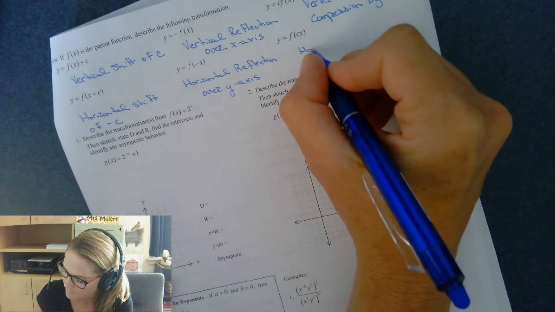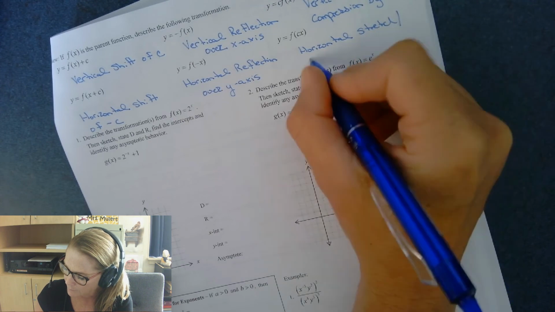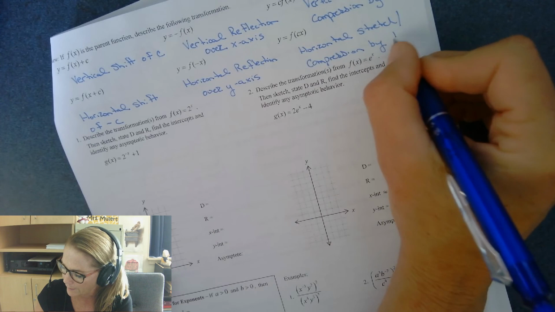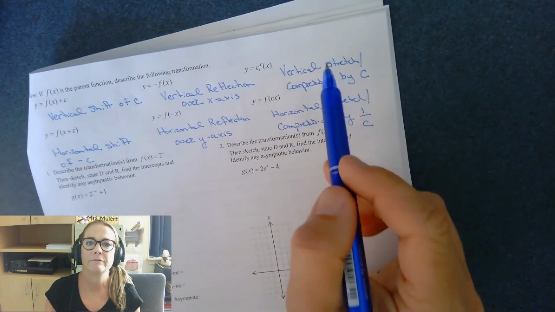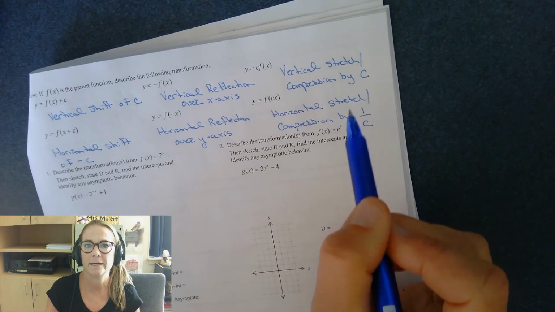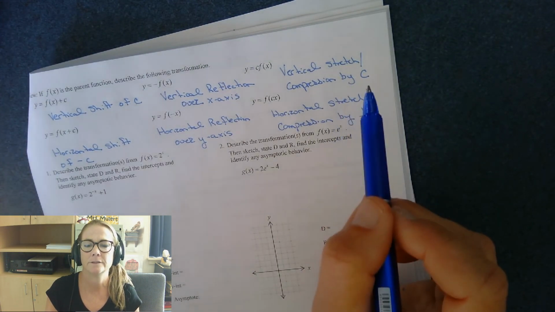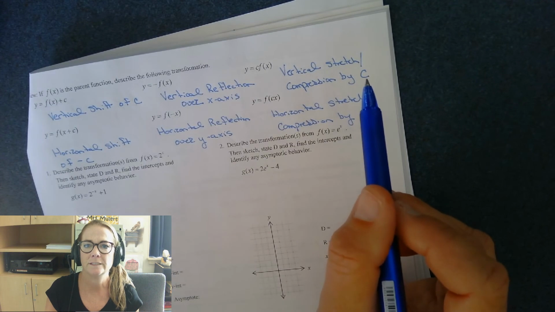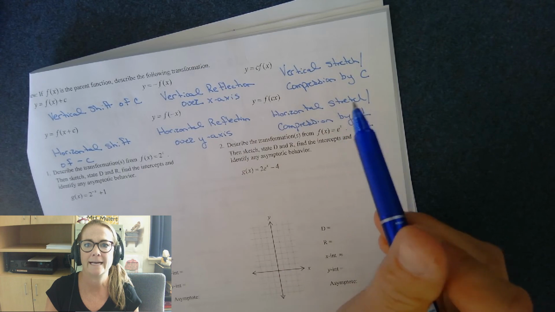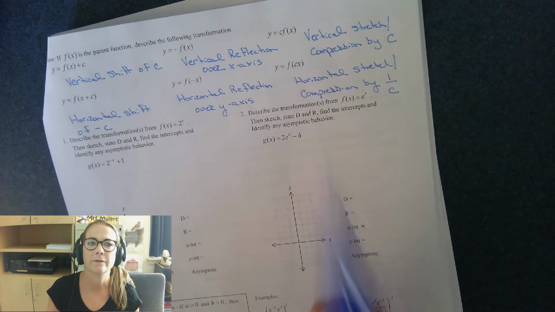And this one is a horizontal stretch / compression by 1 over C. I would analyze whether it's a stretch or compression once you've reciprocated the C. And then the numbers that are greater than 1 are your stretches, and the numbers that are the fractionals between 0 and 1 are your compressions. But you want to make sure with the horizontal stretch compression, you analyze that after you reciprocate that value that is in the function right here in the parentheses.